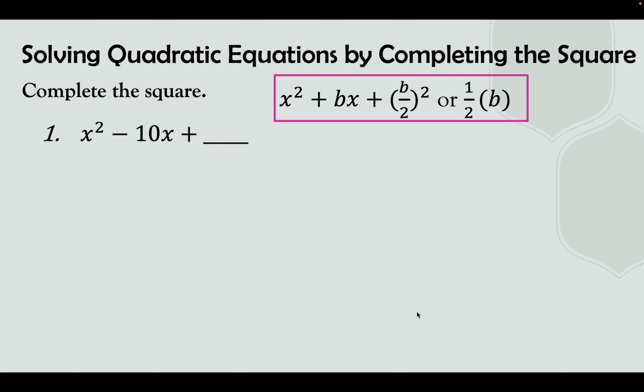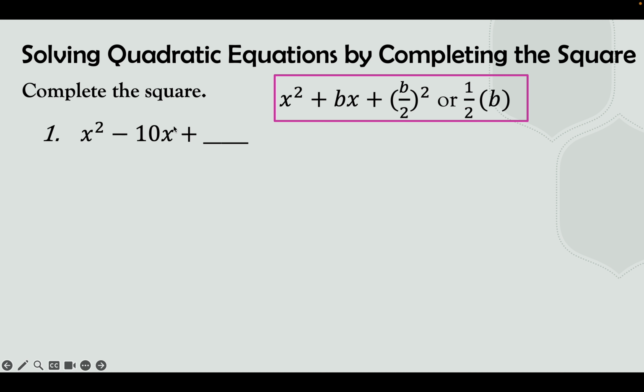So, in completing the square, we must learn how to find the constant term of the given equation. We have x squared minus 10x plus. To find the constant term, we just need to identify b, divide it by 2, and then square it.